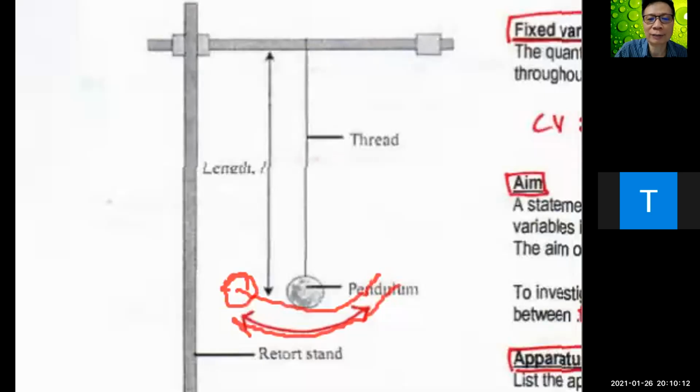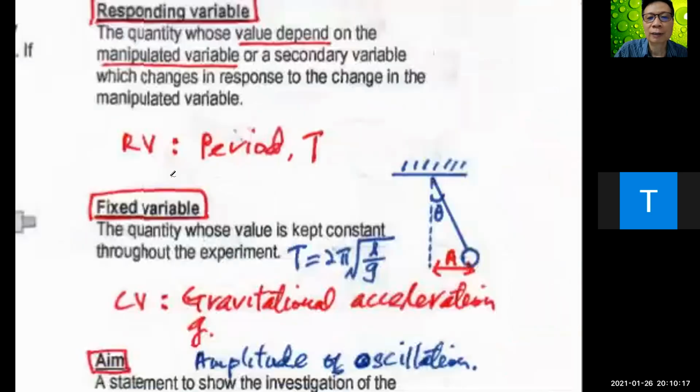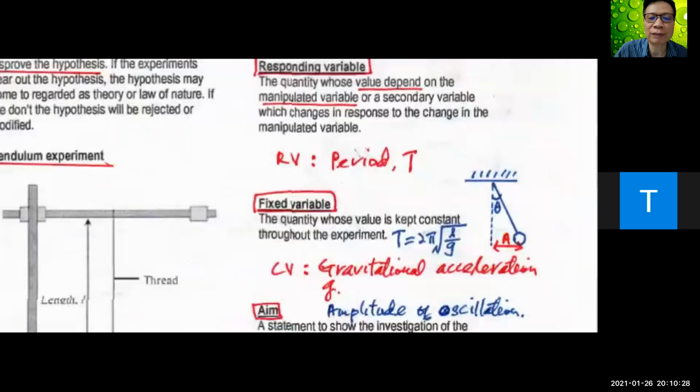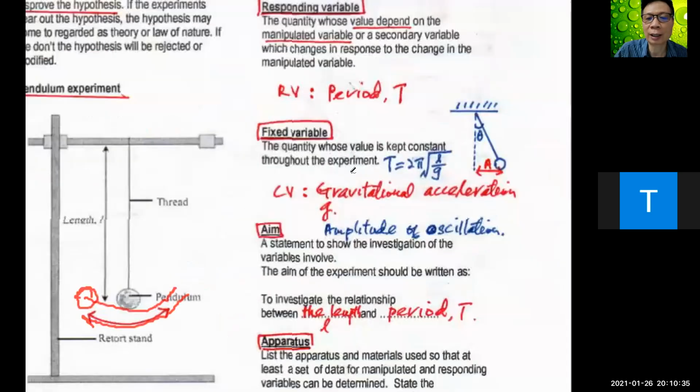Okay, next one is the fixed variable or constant variable. Fixed variable or constant variable is something fixed that cannot be changed. In this experiment, what must be fixed all the time? The first one is gravitational acceleration, gravity. Fixed variable, normally we put CV, constant variable.